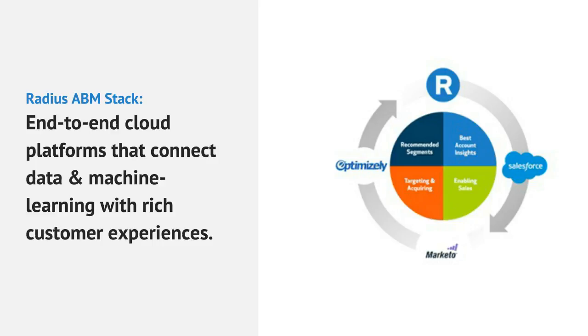By doing this, you're really avoiding just adding technologies that will add more overhead and perhaps not be supportive of the process. And two, your core tech stack should be configured to support ABM. So rather than plugging in new technologies, make sure that your CRM and marketing automation technologies are aligned around an account-based approach.